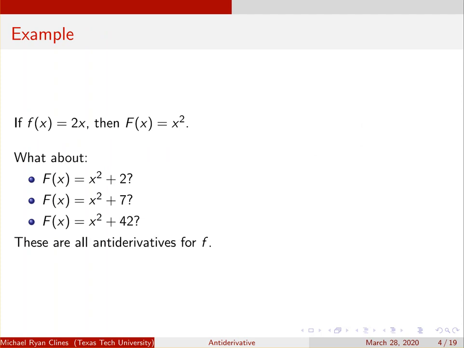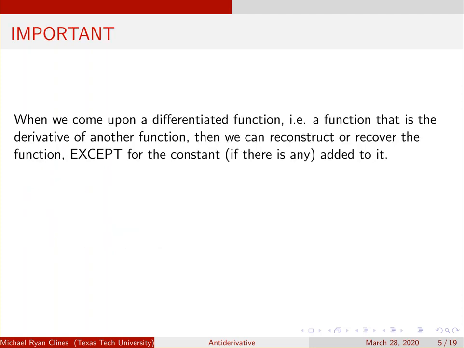So we can only recreate the antiderivative up to the constant. So we want a way to write that down, where we can express that we have all of the antiderivatives. We can get all of the terms of x correct. We can get that spot on. The problem is the constant.